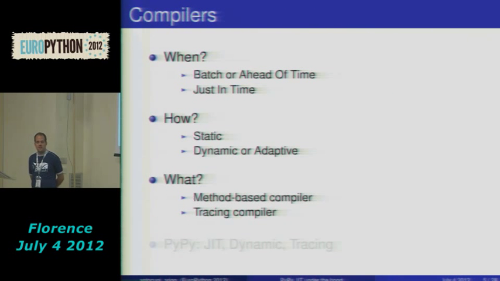Or there are tracing compilers, like the case of PyPy, which really don't care about the division in methods and functions. They compile loops and they inline functions inside loops, etc. As you guessed, PyPy is a JIT compiler, a dynamic compiler, and a tracing compiler.